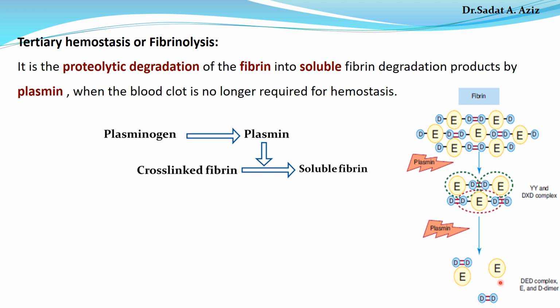To the release of D-dimers. So the D-dimer is a test which can be used to detect the lysed cross-linked fibrin in the case of stroke and myocardial infarction or other.